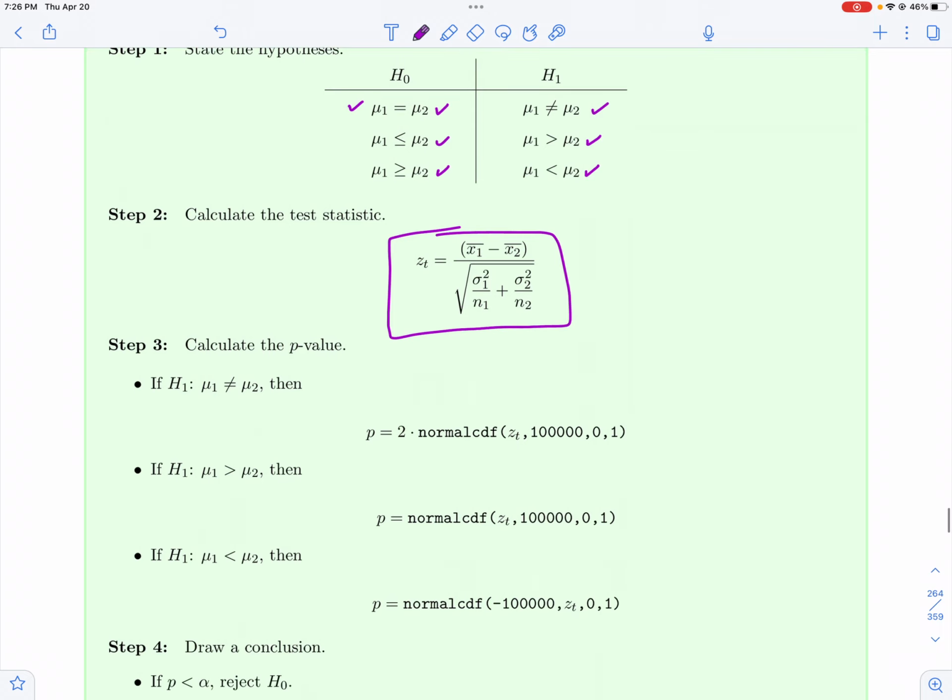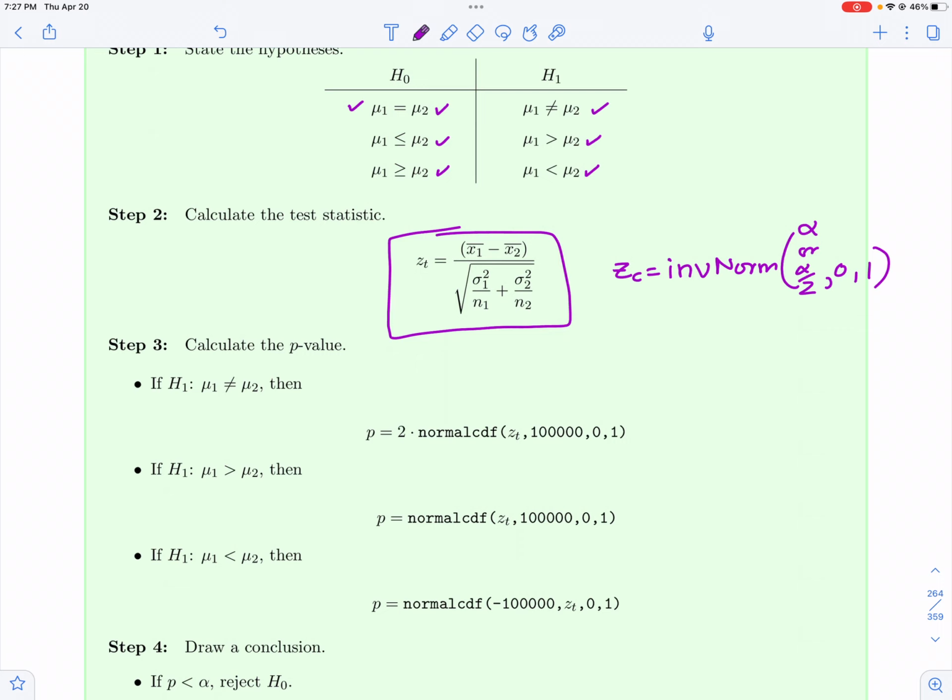We're taking the square root of the first standard deviation squared divided by the number sampled in that first set, plus the second standard deviation squared divided by the number of elements in the second sample. Our z sub c, our z comparison, is exactly like we did before. We've got our inverse norm, and it's going to be either alpha if it's a one-tailed test, or alpha over 2 if it's a two-tailed test, and then 0 and 1 for those.